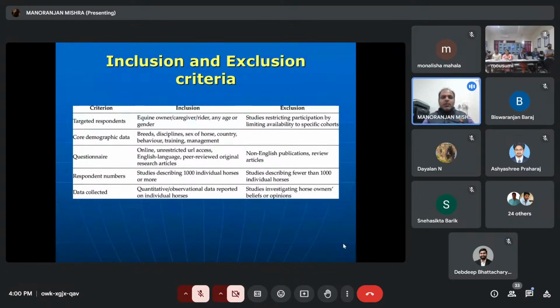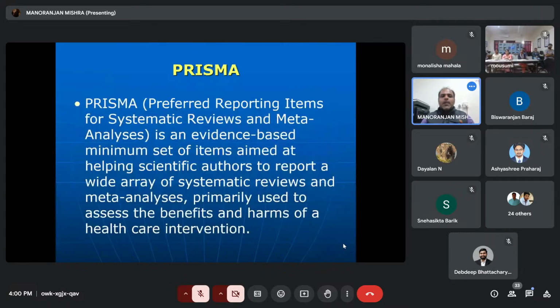So there can be a number of things you can use for inclusion and exclusion criteria. As I have already discussed, PRISMA stands for Preferred Reporting Items for Systematic Review and Meta-Analysis. Somebody may ask you the full form of PRISMA. Basically, this is a protocol which has been developed for preferred reporting of items for systematic review and meta-analysis.